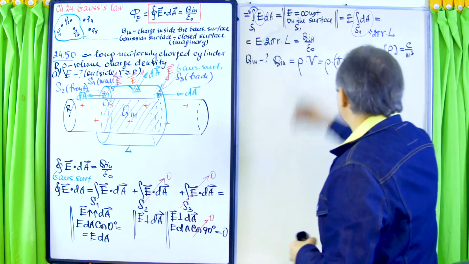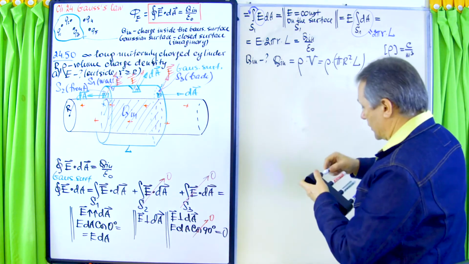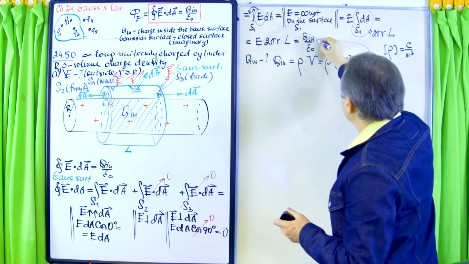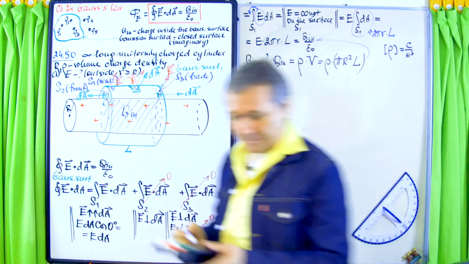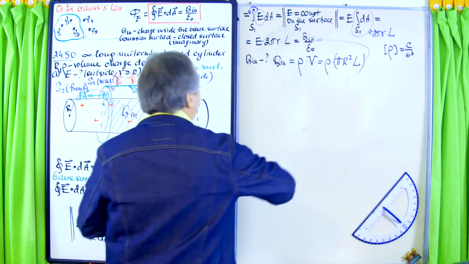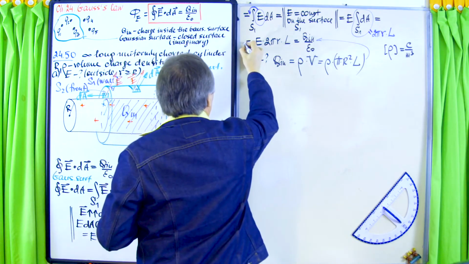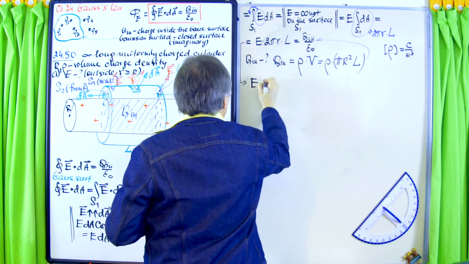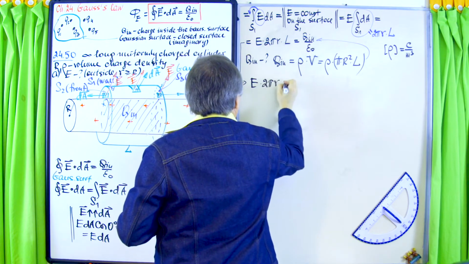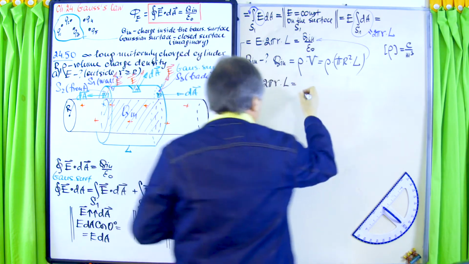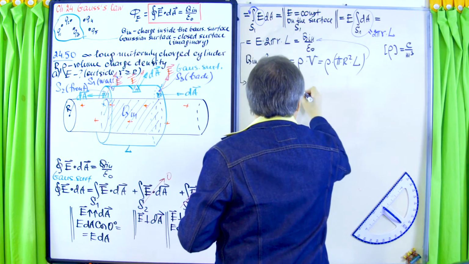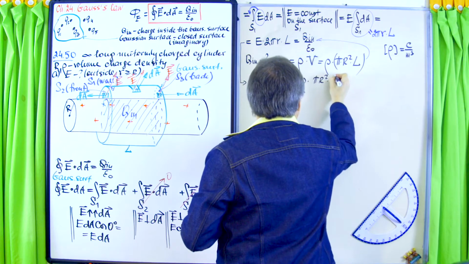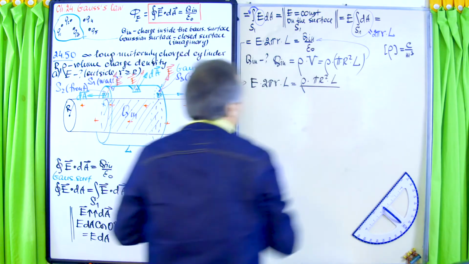Okay, so that's Q enclosed, and now we just need to take this Q enclosed and plug it in over there. And the final step. So let me rewrite this here. It will be E times 2 pi r times L equals Q enclosed, rho pi R squared times L, divided by epsilon naught.